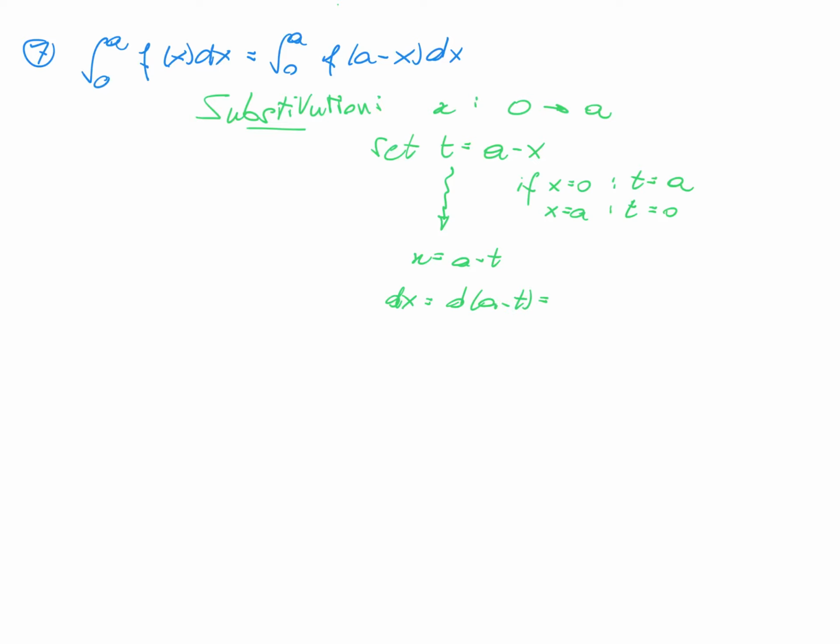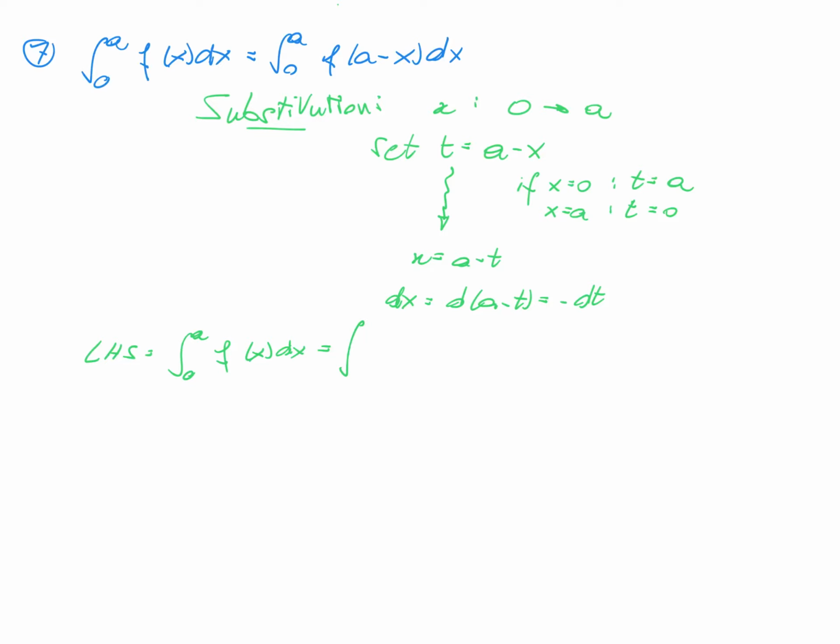But in this, t is the variable and a is just a constant. So this is minus dt. So we started from the left-hand side, the integral from 0 to a of f of x dx. We then want to rewrite everything in terms of t. So my integral becomes the following.